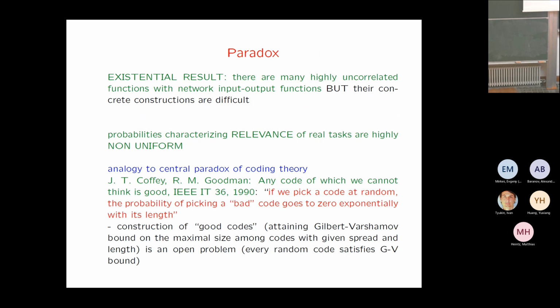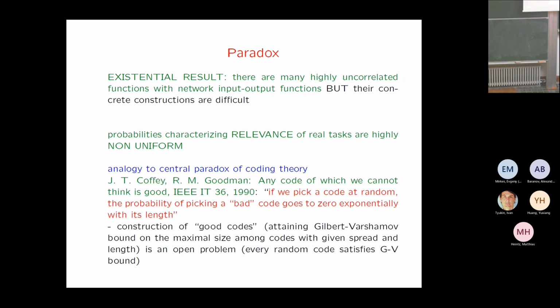This is something which I could call a paradox, because theoretically, if the set of input functions has some kind of finite VC dimension, and as we know in many cases it is the case, or doesn't have too many parameters, it's still small. Most functions really are highly uncorrelated with these input-output functions because of this concentration.